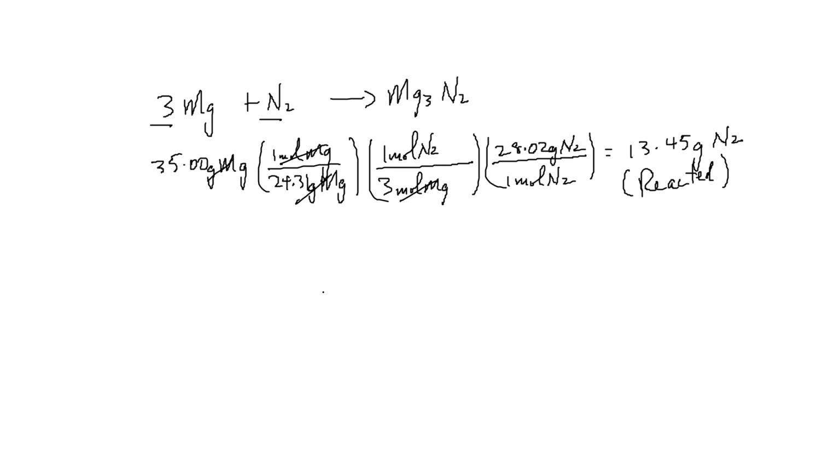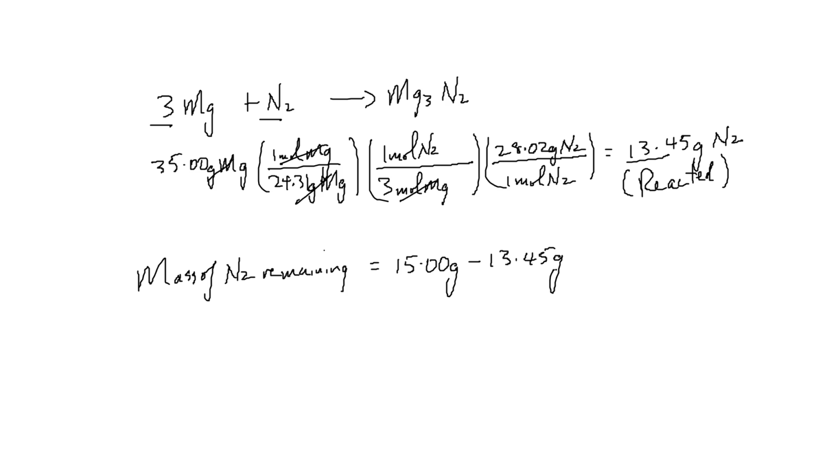All right? So therefore, the mass of nitrogen remaining will be equal to the original mass of the nitrogen you started off with, which is 15.00 grams, minus the mass of the nitrogen that reacted, which is 13.45 grams.